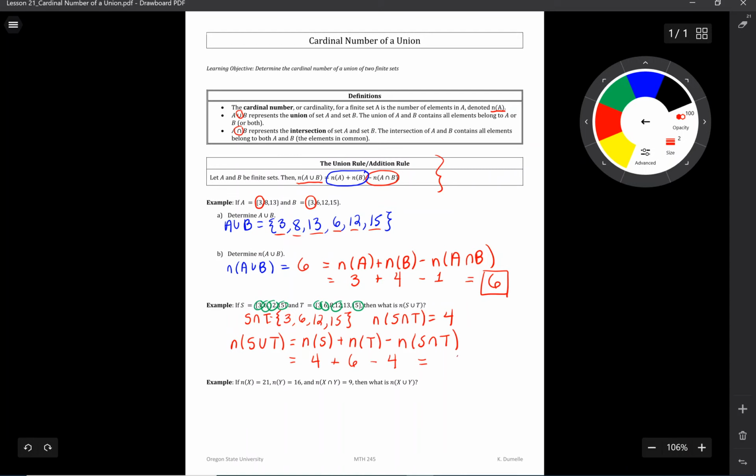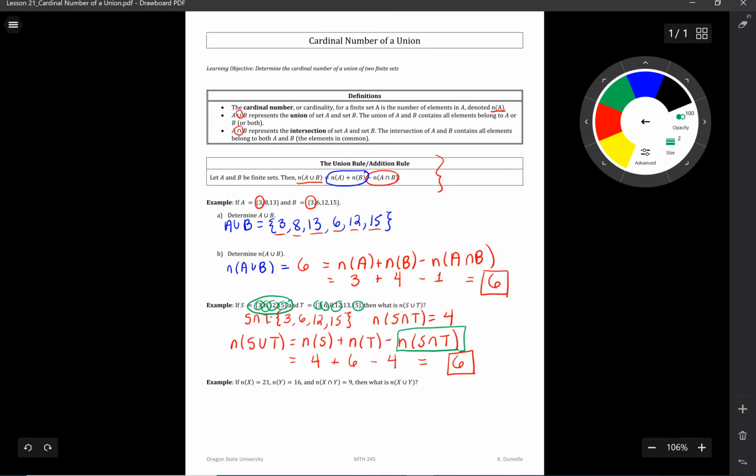So total, this gives me 6 elements. Here we can see pretty clearly why I have to subtract off their intersection. If I didn't, I would get 4 plus 6 as the total number of elements in their union. But S and T have 4 elements in common, which is all of S. So if I did not subtract off their intersection, I would be counting 3, 6, 12, 15 twice, once in S and once in T. That's why I have to subtract off this piece right here.